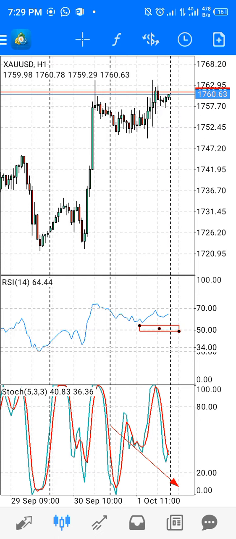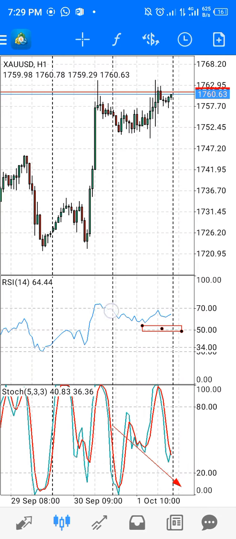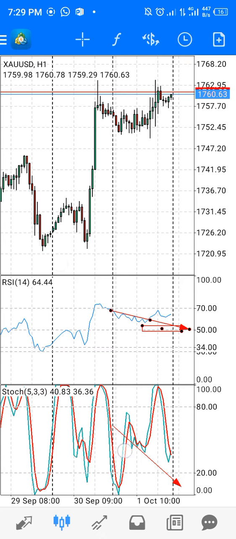At the oversold level, which is below 20, you take your buy trade, and then take 30 pips from the market. I repeat myself again: once the RSI comes to the 50 level and our stochastic is at the oversold level, that means the market is going to go up. You take your buy trade and exit the market at a 30 pips move.